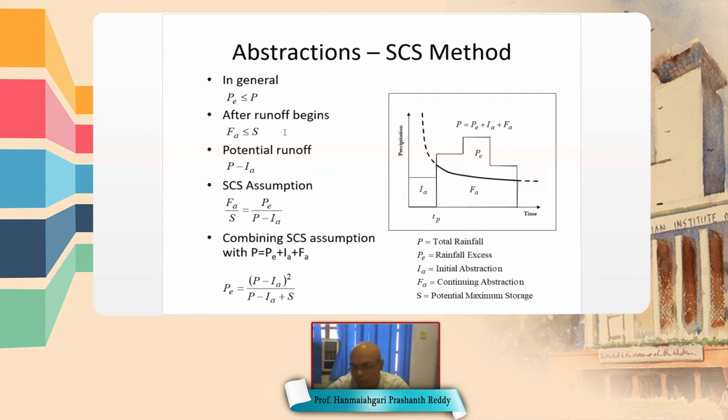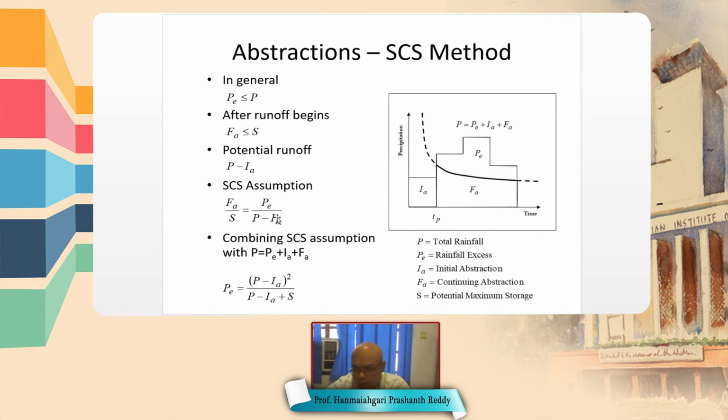So once runoff begins, Fa is less than or equal to S. Potential runoff is the maximum amount of runoff, meaning infiltration is negligible. In that case, the potential runoff is P minus Ia.